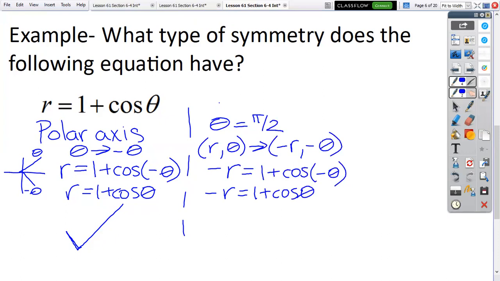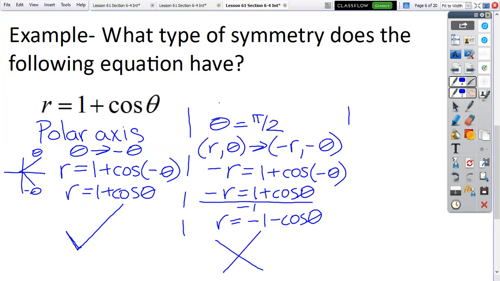I can tell that's not the same, but let's just get it all the way to r and prove it. I divide through by negative 1. I have r is negative 1 minus cosine of theta. All right, is that the same thing that I started with? No, it's not. So I'm not going to be able to reflect these points across the y-axis.